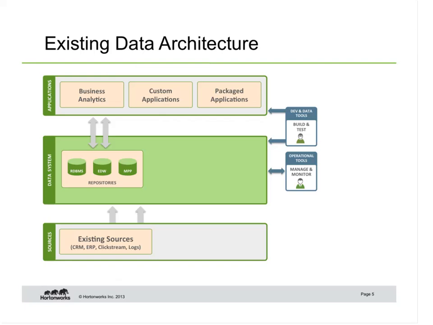Collecting data from a range of fairly traditional sources, loading those into some kind of structured repository, enterprise data warehouse, a relational database system, some kind of scale-out system or NoSQL-like database, and then analyzing that data with a range of tools, of course, including things like MicroStrategy. But this is the simplified diagram of an architecture, and I'm certain that if you're reviewing today, you probably recognize that in some form or fashion your organization has this.